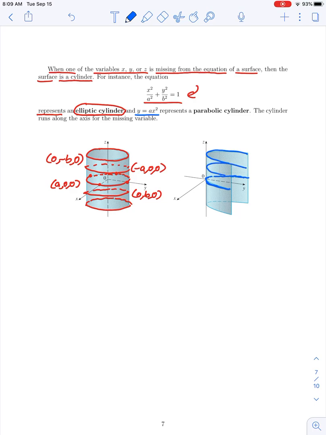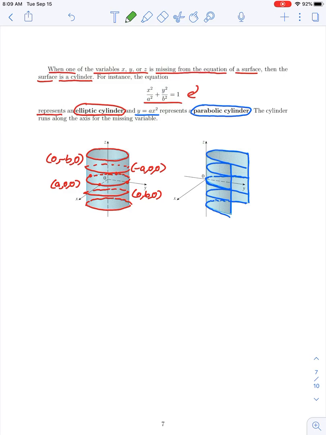So no matter how far I move upward or downward from the xy plane, I get the exact same parabola. So here I end up with something called a parabolic cylinder. So it's a cylinder extending along this z-axis where all of my cross-sections are parabolas, so we would call this a parabolic cylinder.